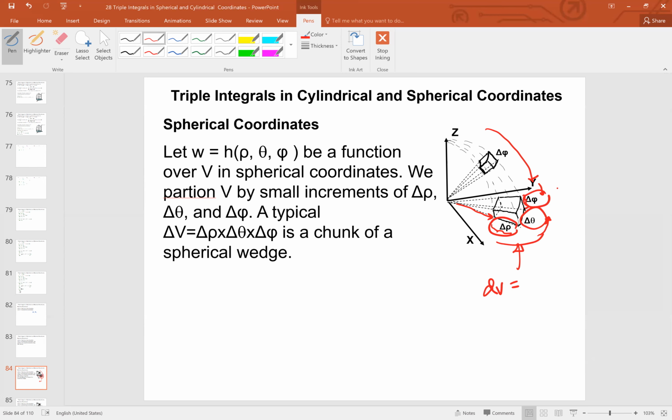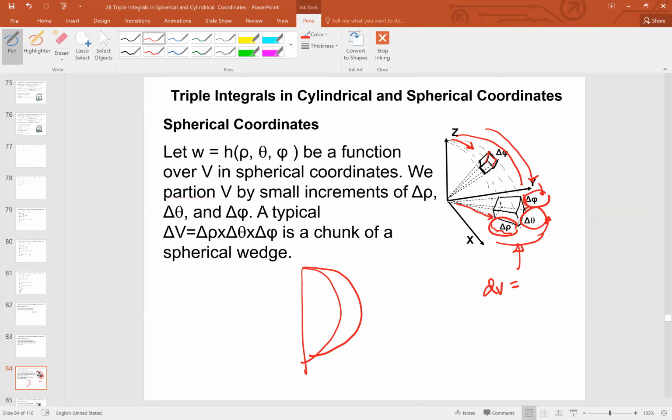Roughly, this volume is going to be in terms of these increments. But notice how big this chunk is depends on how far you pitch. If you pitch very little, then this chunk is very small. Think of a wedge of oranges.